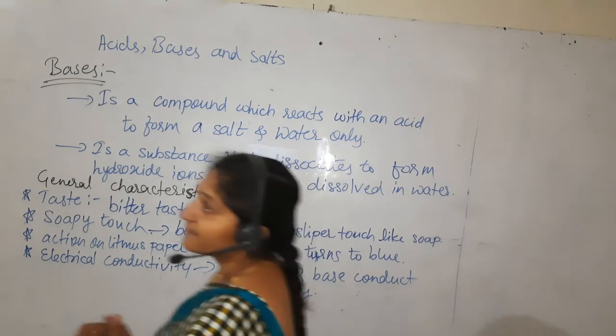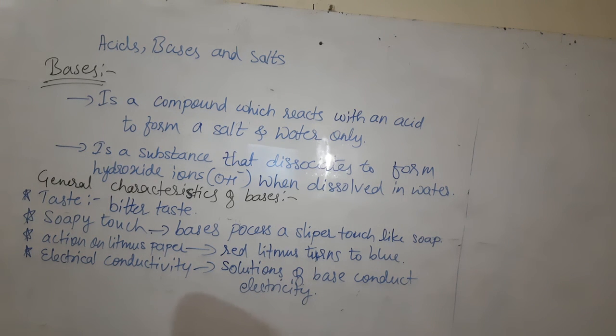So these are the general characteristics of bases. How are we going to define bases? These are the compounds which react with an acid to form only salt and water, whatever the base. And how can we distinguish a base? The substance that dissociates to form hydroxide ions when dissolved in water is a base.